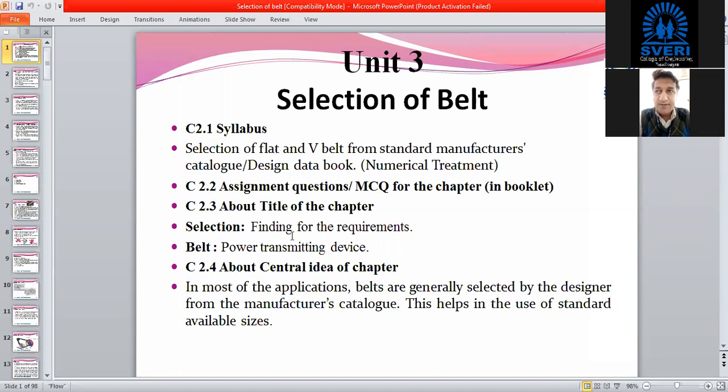We should be aware of how the power is going to be transmitted with the belt, and how we can have different belts or sizes of that belt. What exactly is going to change when you change the number? All these things we are going to learn in this particular unit.